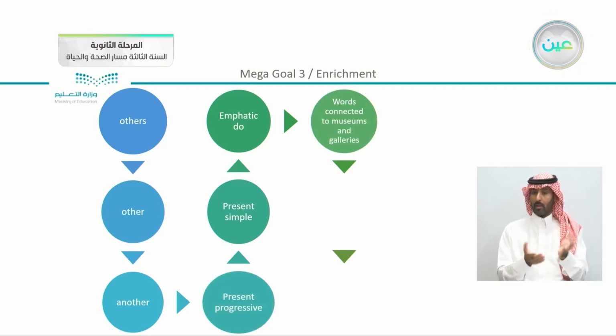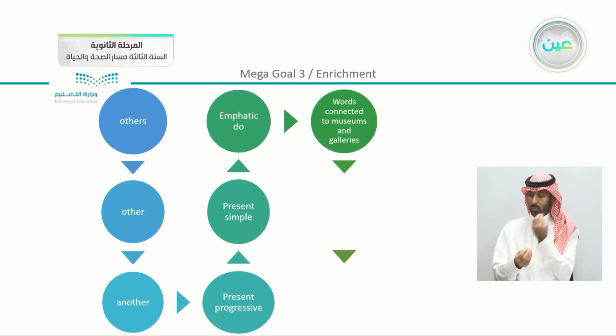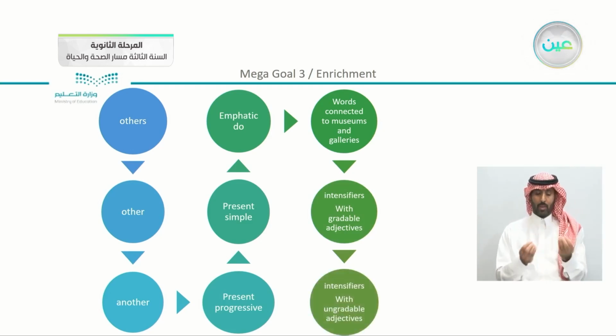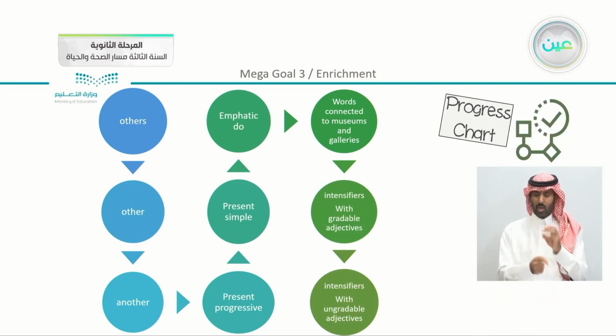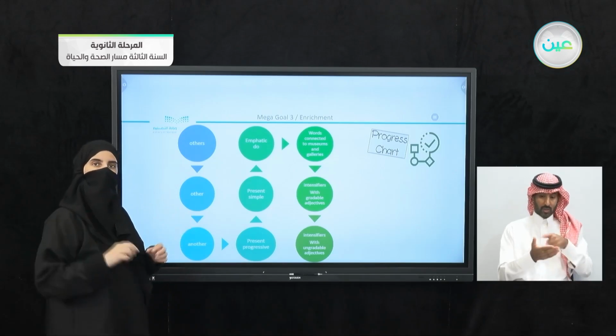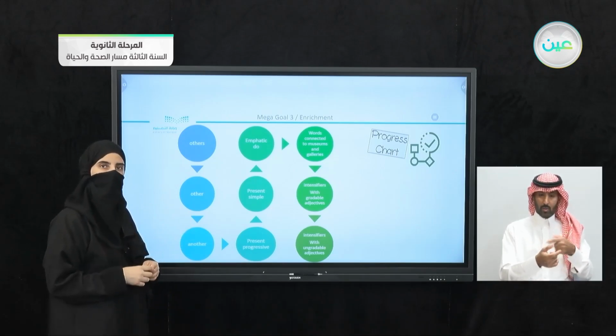We also had the part of words connected to museums and galleries. And we had intensifiers with gradable adjectives, and also intensifiers with ungradable adjectives. So we are going to pass by very quickly just to recall what we have here. And you can have a chart and mark your progress in your chart.